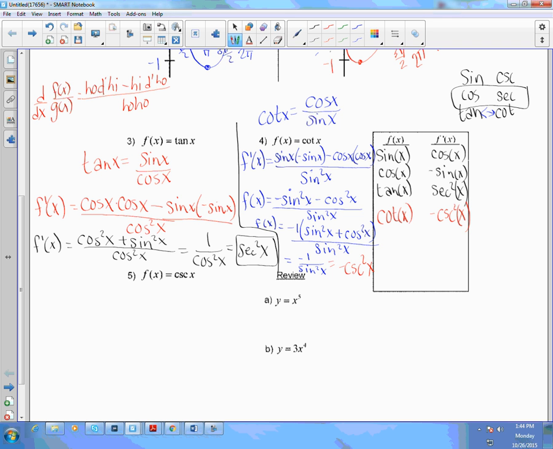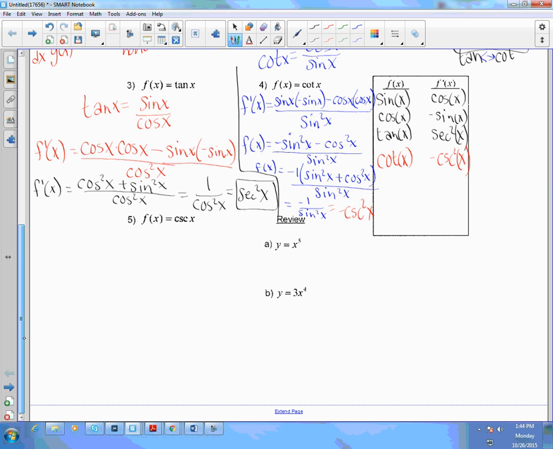Number 5, cosecant. We need cosecant in terms of sines and cosines. Do you see cosecant on the trig page? The reciprocal identity is in terms of sine.